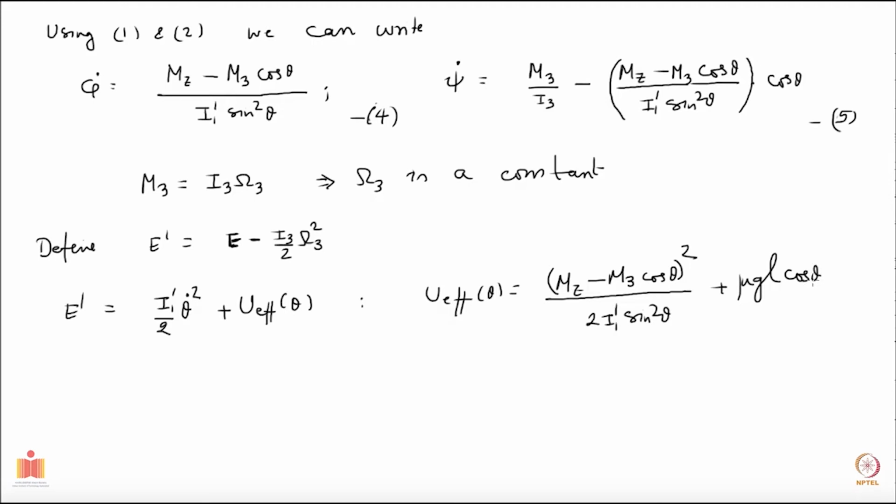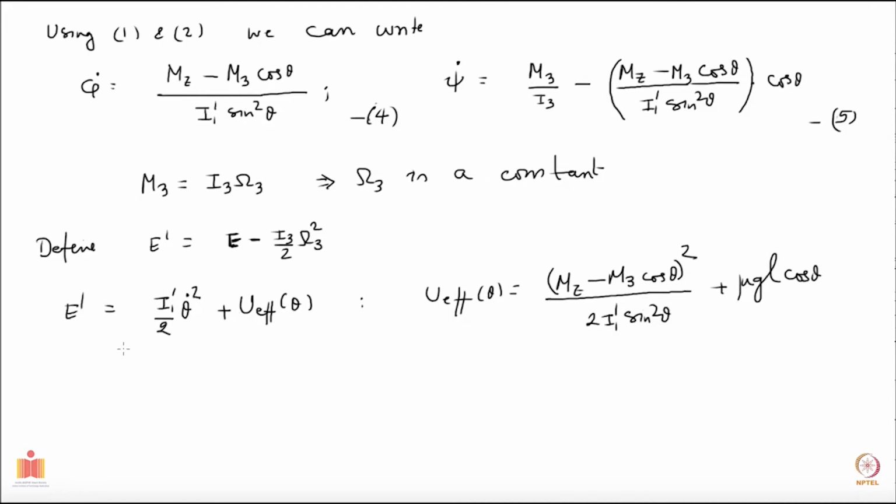Okay, that's nice. And it's nice because it looks very familiar. Does it look familiar, this equation? Well, you have encountered this same thing when we were looking at a two-body problem. Remember the equation for the r coordinate, the radial separation. It was E equals half mu r dot square plus U effective r.